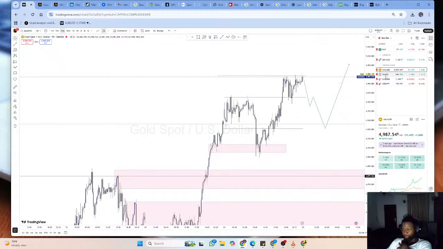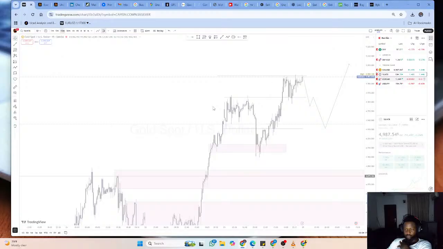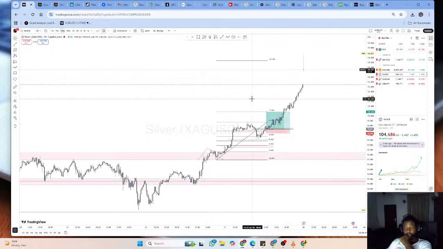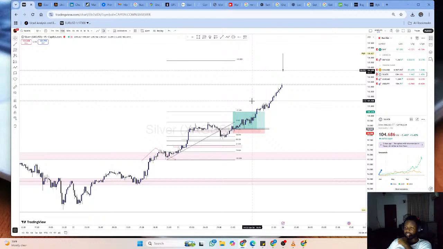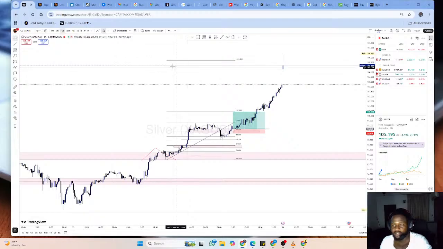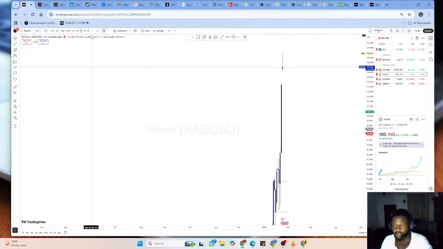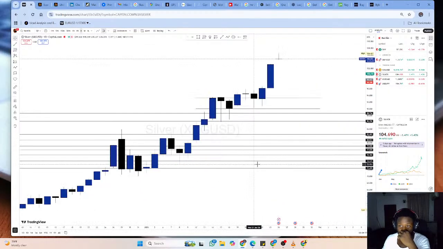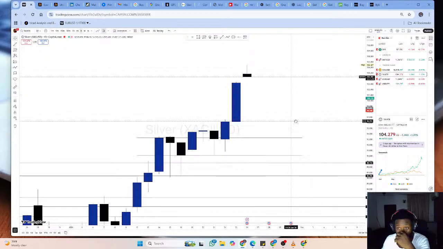Okay. Let's look at silver. Man, silver gapped to 106. That's crazy. That's crazy, man. Ooh. It's going to fill that gap quickly.